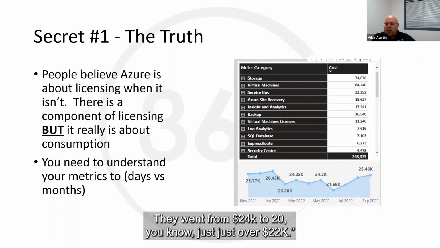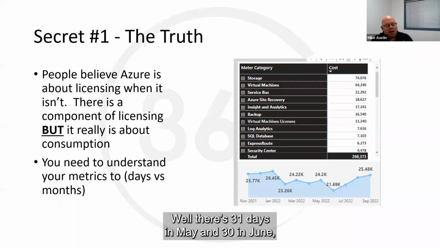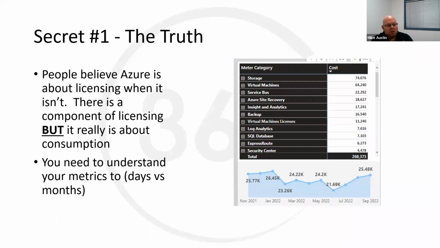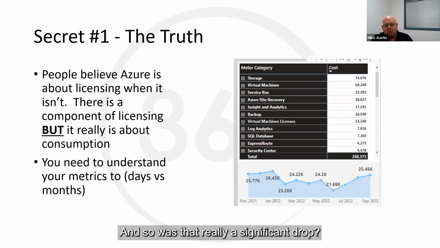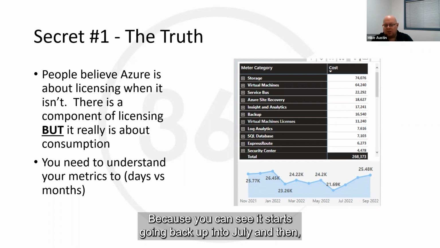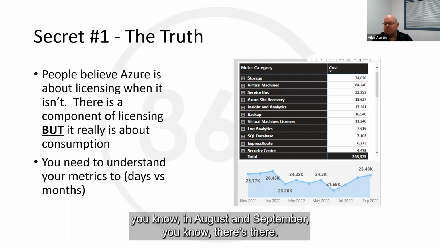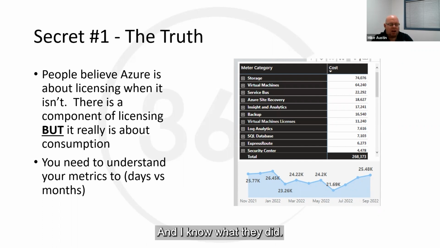They went from 24K to just over 22K. Well, there's 31 days in May and 30 in June, right? So I can't compare them because I have an extra day, right? And so was that really a significant drop? Because you can see it starts going back up into July, and then in August and September. So there's probably something that they did in there, and I know what they did. I'm just using this to illustrate.